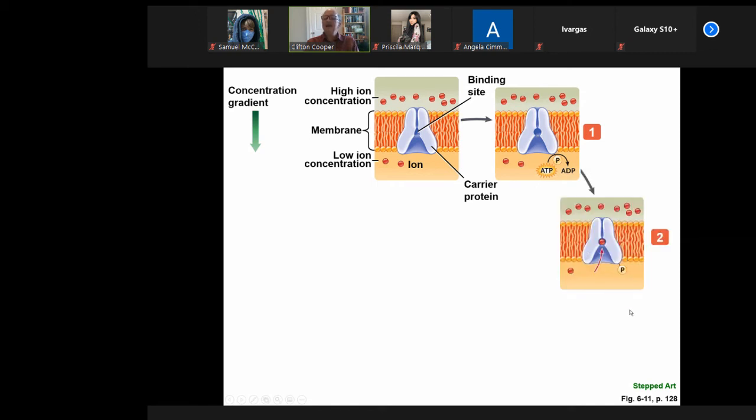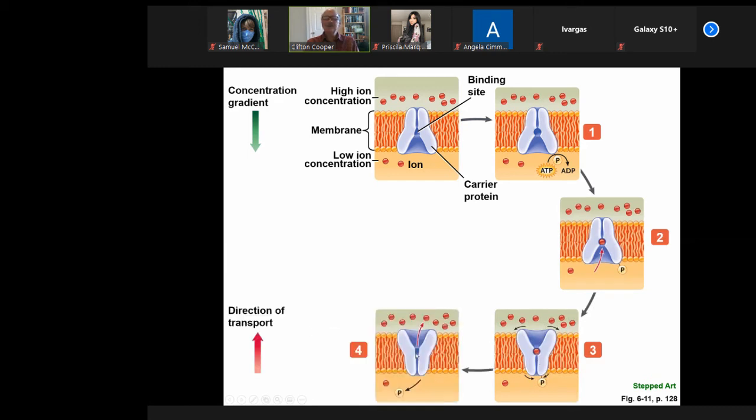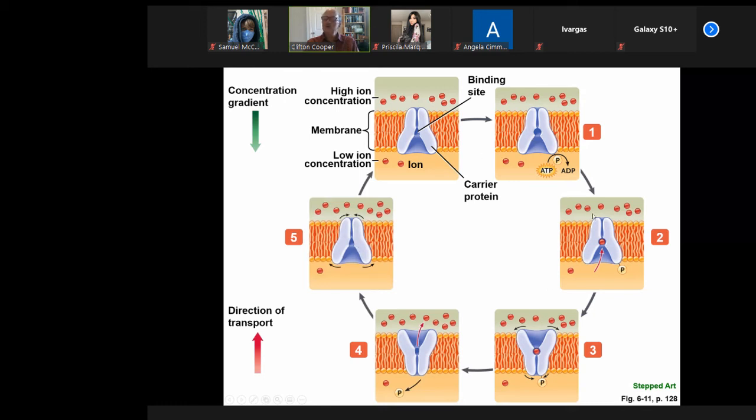And the ion binds, the protein changes shape, releases the ion to the other side, the phosphate drops away, and then the protein returns to its original shape. Another ATP molecule needs to bind with it for it to do this pumping action again. This is active transport. And this is where around half the energy in your body is going.